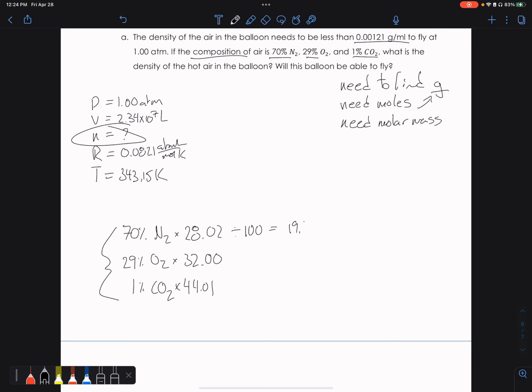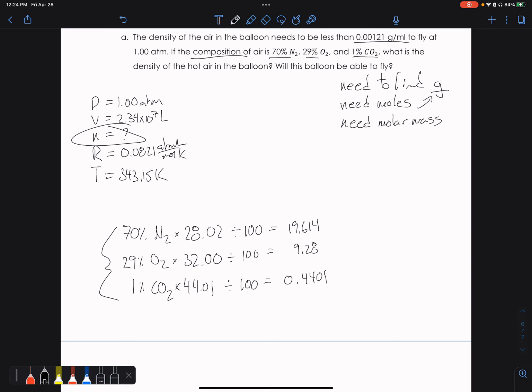This first one is 19.614. This next one is 29 times 32 divided by 100 equals 9.28. And then 1 times 44.01 divided by 100 equals 0.4401.